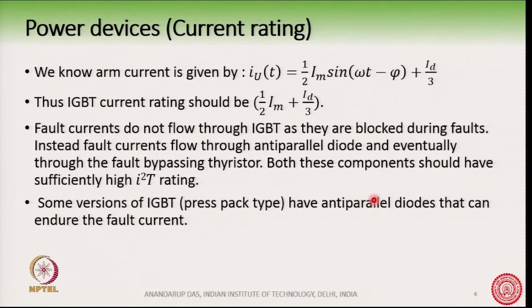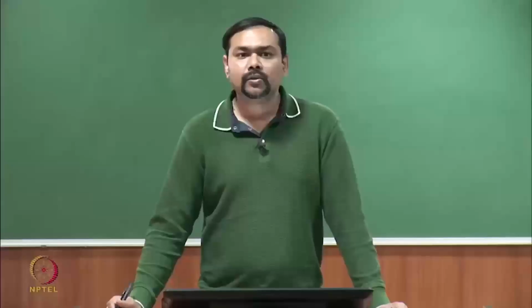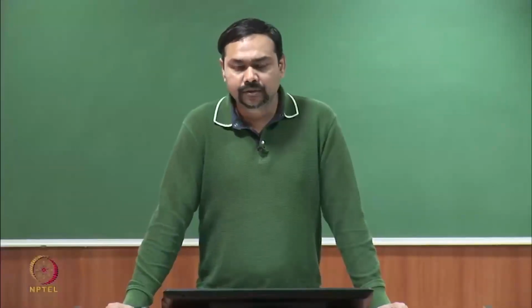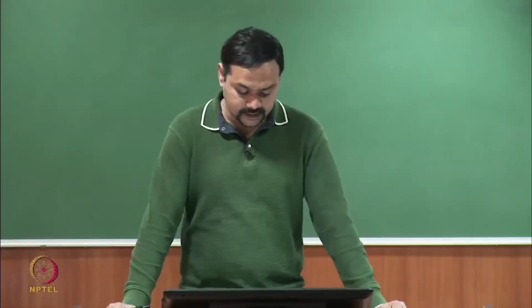Now, fault currents. When a fault happens, the fault current momentarily flows through the IGBTs. Within about 10 microseconds, the IGBT gate drive protection will block the gate pulses, and hence the IGBT will be shut off, and subsequently the fault current will be diverted to the anti-parallel diodes. This is for a half bridge case.